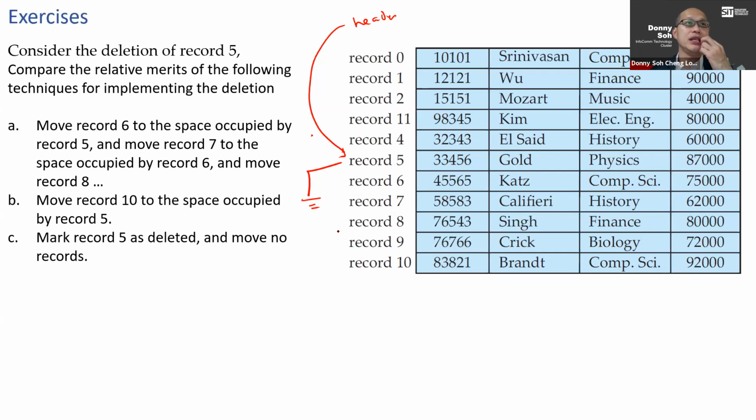Okay, so these are three ways of doing it. Actually, this is more of a theoretical discussion. Of course, the first one is the most expensive because you need to shift individual records down. So if you ask me, the first one is definitely not something that I would like.